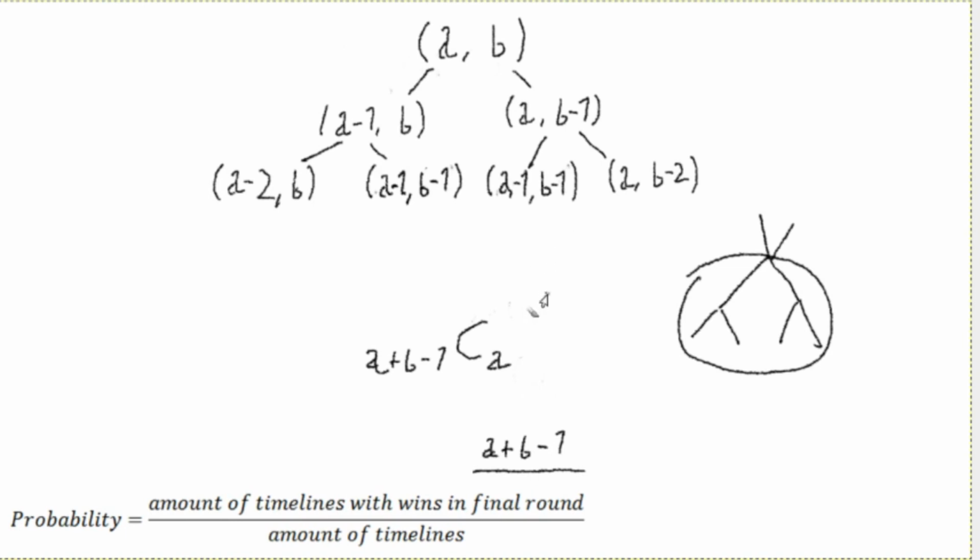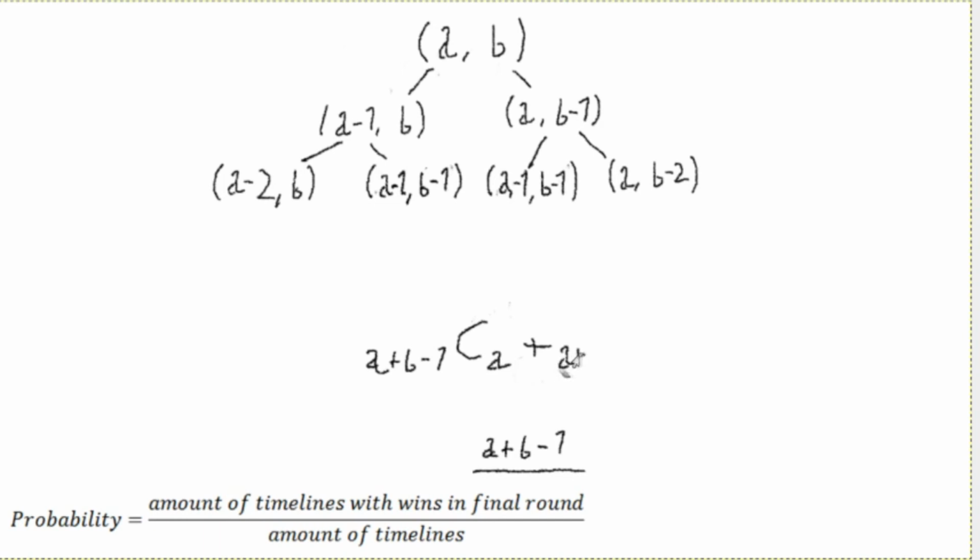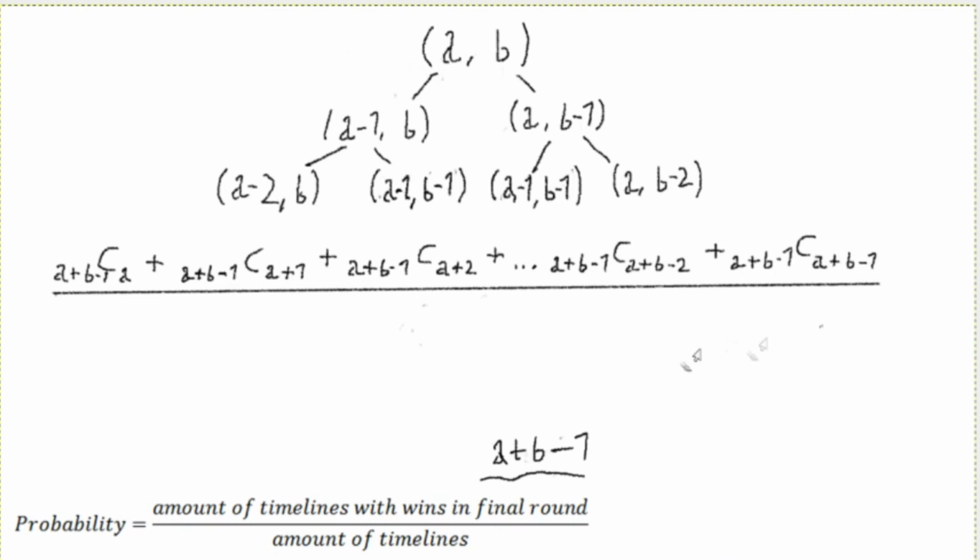What's the amount of ways he could have gotten a plus 1 points, the amount of ways he could have gotten a plus 2 points, a plus 3 points, and so on and so forth. And what you then end up getting is just a sum. You would say this here plus, again, a plus b minus 1, now choose a plus 1. And then you can just continue this, and we get this.